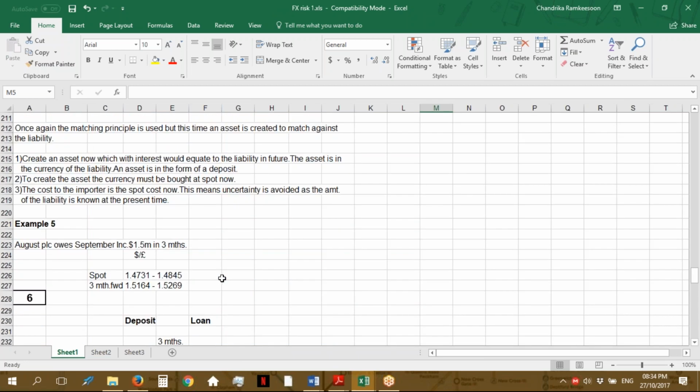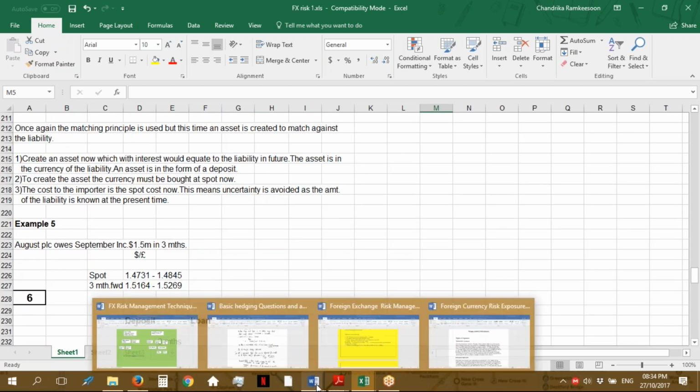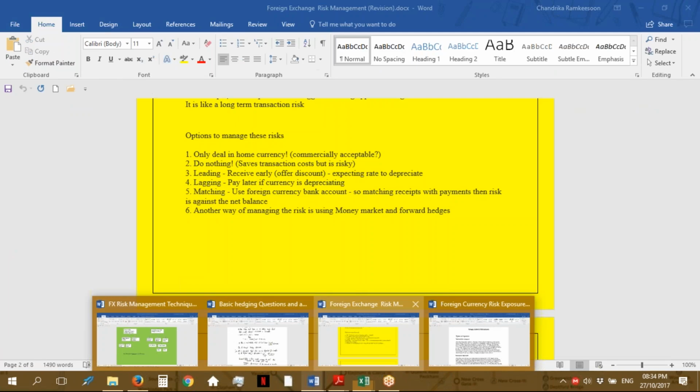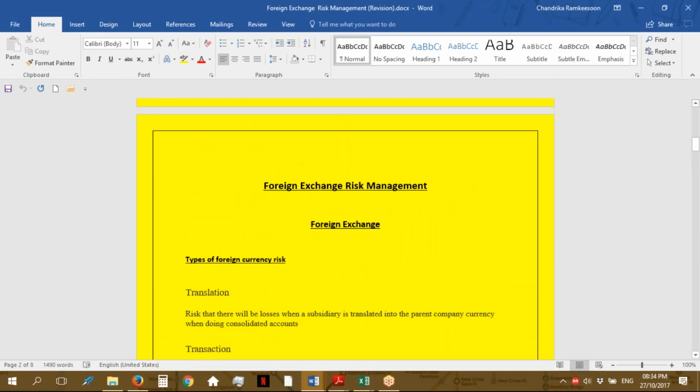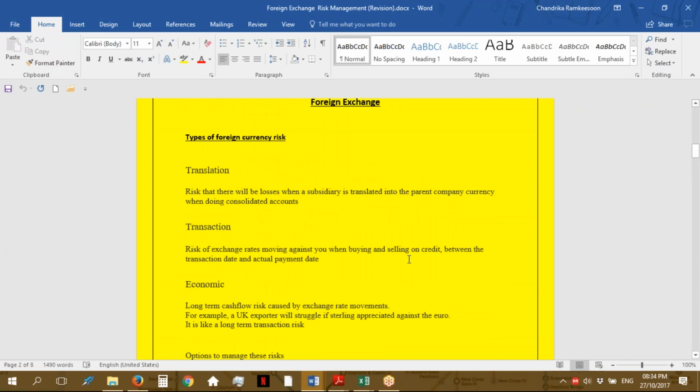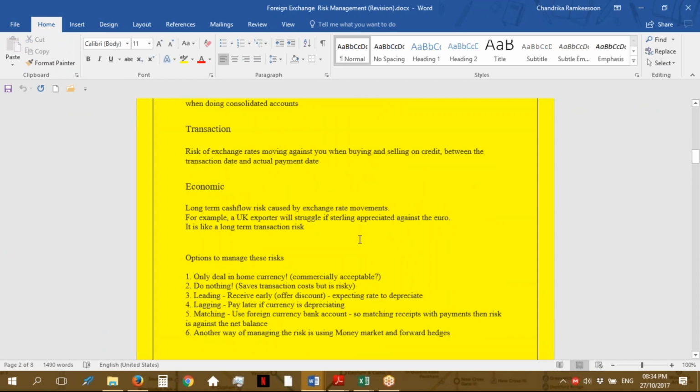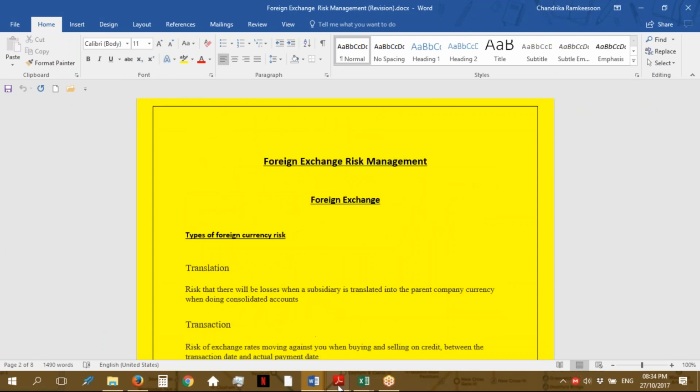And then there's another handout as well, this yellow one, which I think I only put up today. I was supposed to put it up last night, but I forgot. So we take a look at this too.